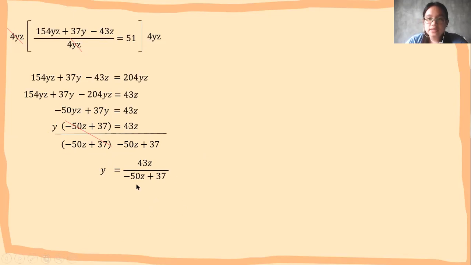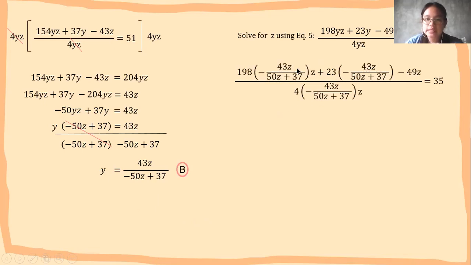So next, let's solve for the value of z using equation number 5 and the substitution method. So we have equation number 5 here. So instead of y, let's use 43z over negative 50z plus 37. So let's substitute all y's.